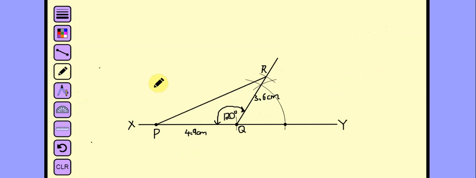I hope you are matching up with that. So once again we are getting 4.9 for PQ, 3.6 centimeters for QR, 120 degrees at Q, and measuring from P to R we are getting between 7.3 and 7.4 centimeters.